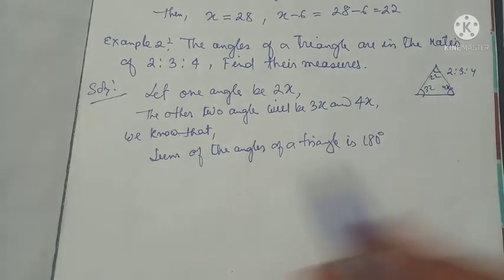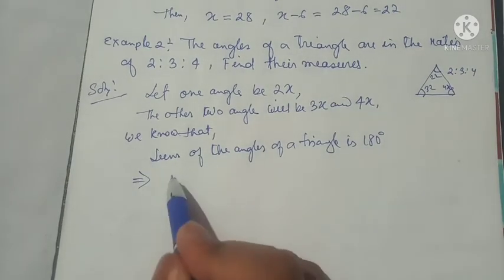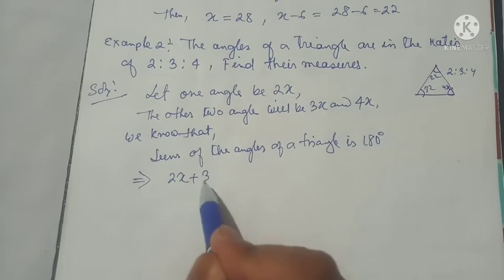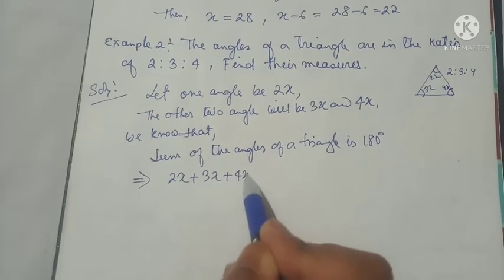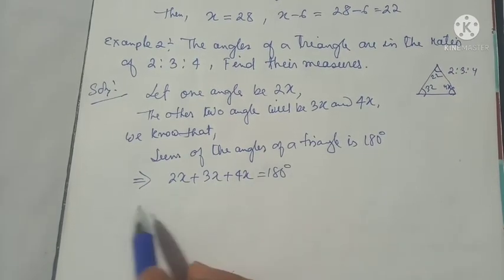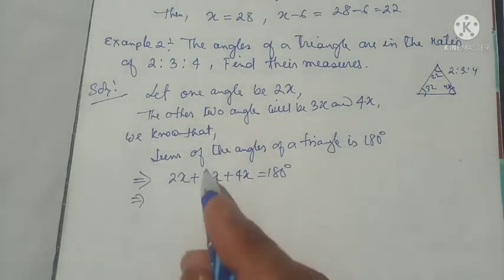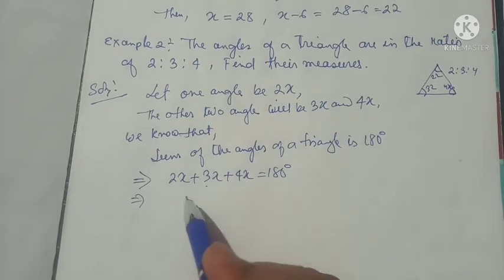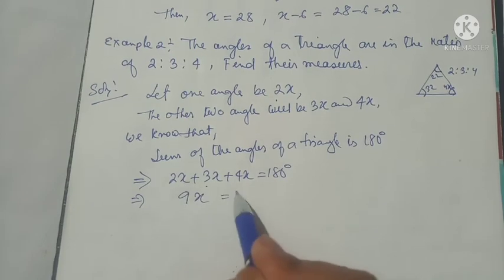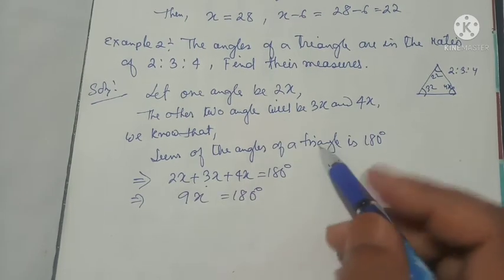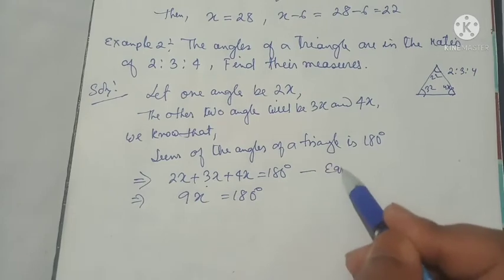We have to assume. Then 2x plus 3x plus 4x is equal to how much? 180 degrees. So how many? 2, 5, 9. The answer will come 9x equals 180 degrees. Thus we form an equation here.